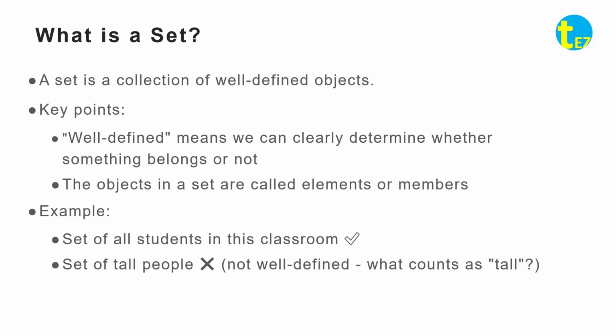Why? Because what counts as tall? For one person, tall might mean over 1.8 meters. For another person, tall might mean over 1.6 meters. So there are no clear rules. So in mathematics, we only use well-defined collections.